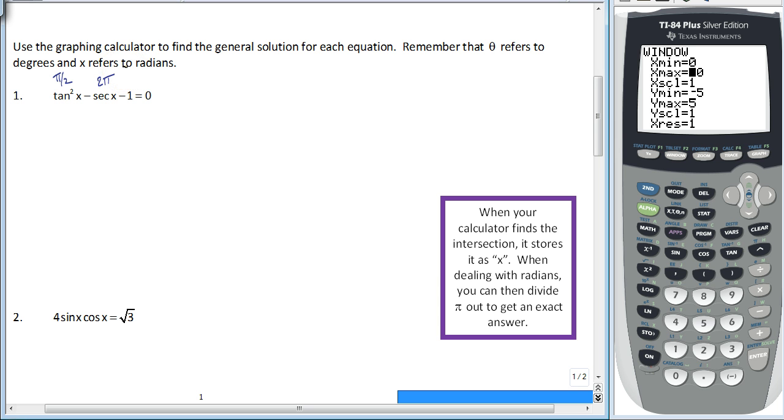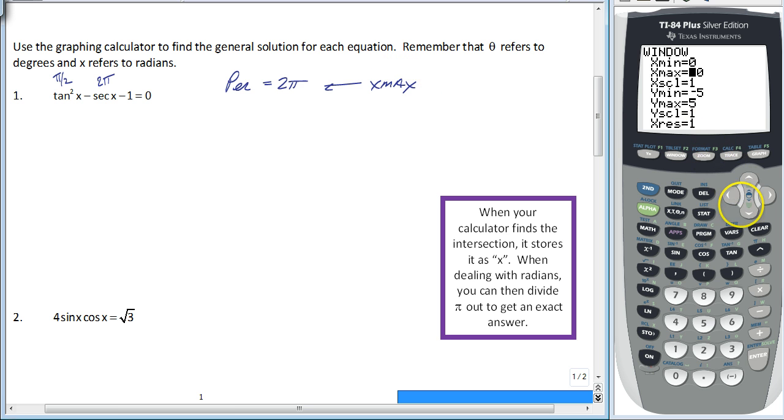You want to go with the bigger one, because you need to wait until this secant completes one full cycle. So tangent squared, that's going to do it a couple times, but we have to wait for secant. So the period for this example is going to be 2 pi. And that's what you're going to want to change your x maximum to. So you want your x max to be the period.